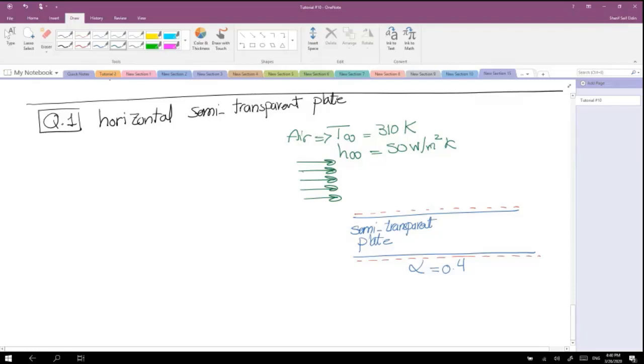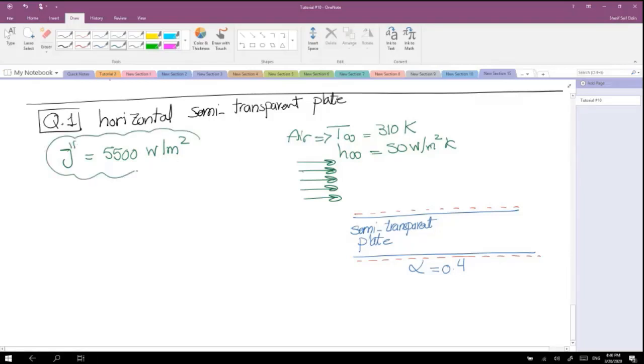And given to you is J, the radiosity, of 5500 watt per meter square. So this 5500 basically is the radiosity flux, so we give it double dash here because it's per meter square.